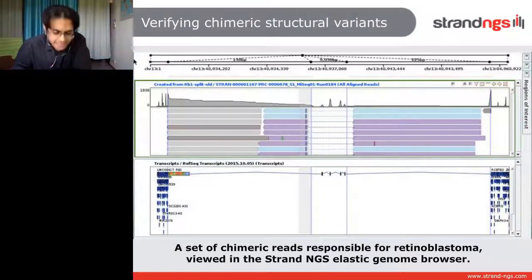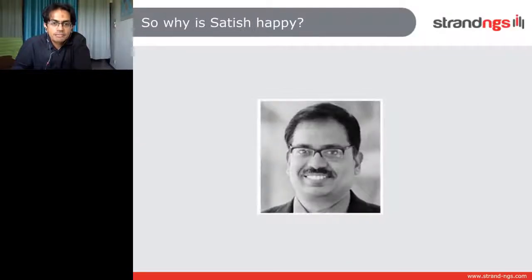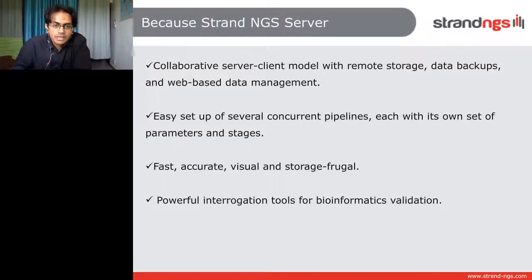So why is Satish happy? And let's just go over the 3 or 4 things that we learned today. So Strand NGS Server is a collaborative server-client model with remote storage, data backups, and web-based data management. It enables the easy setup of several concurrent pipelines, each with its own set of parameters and stages.